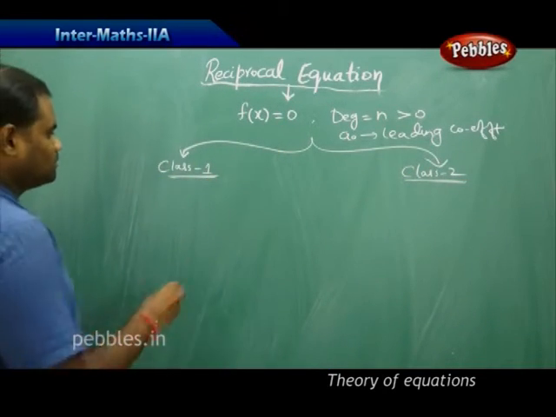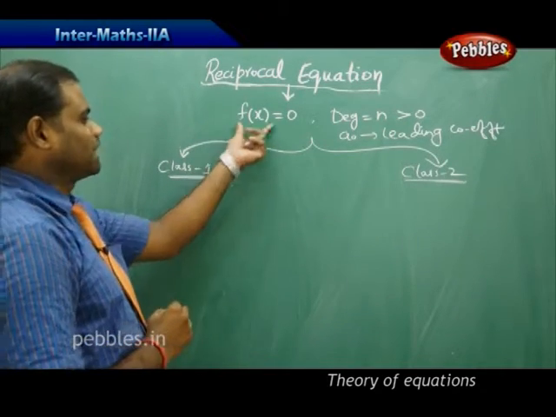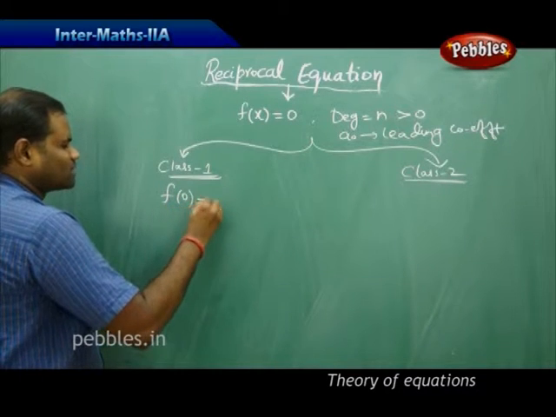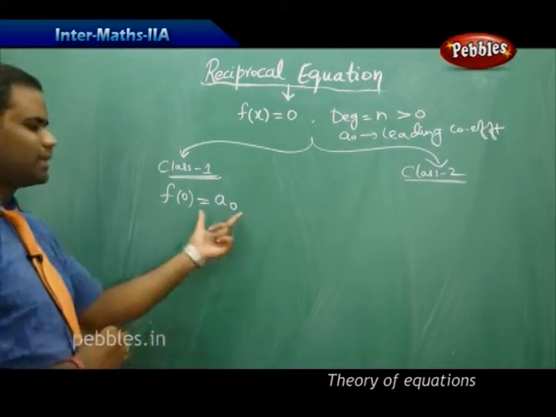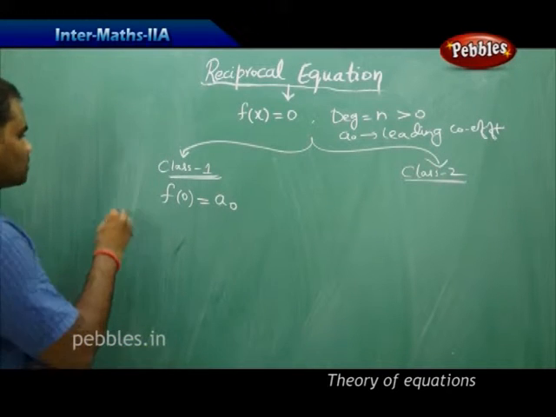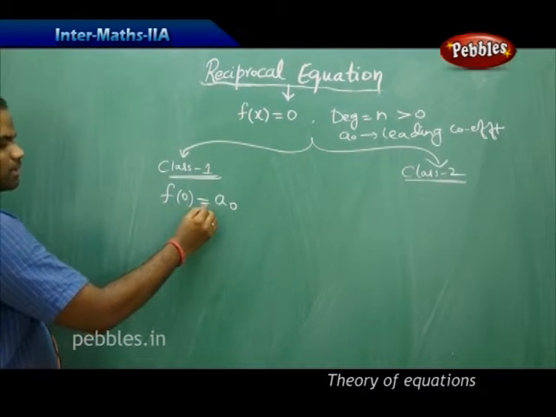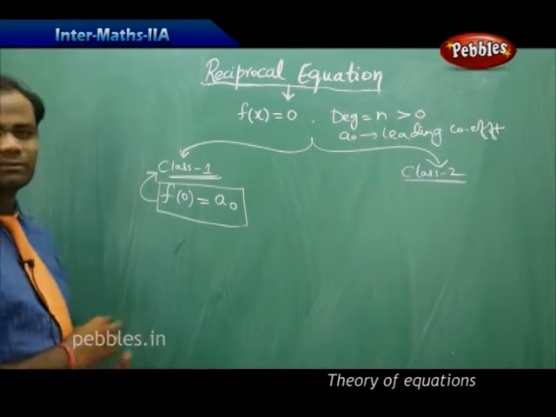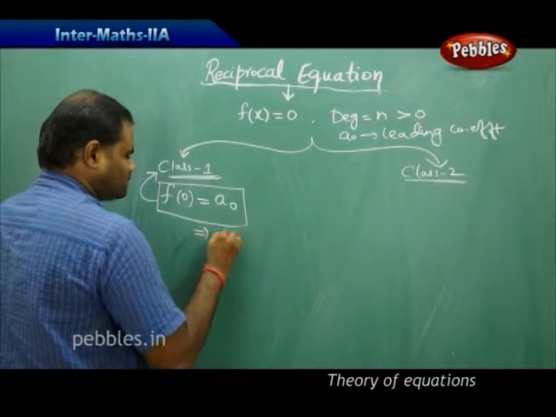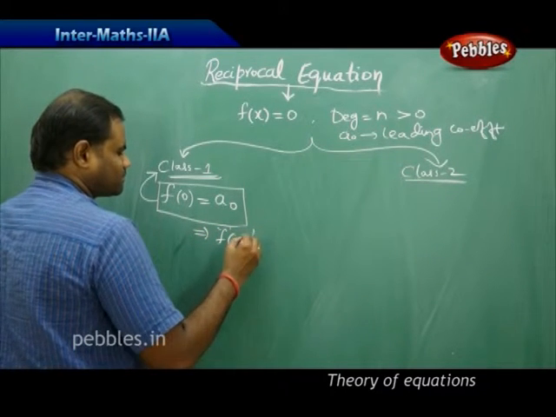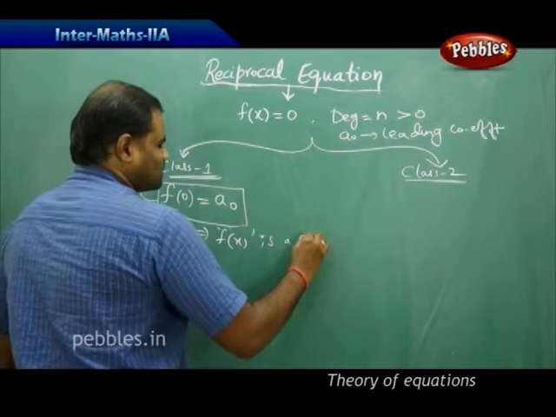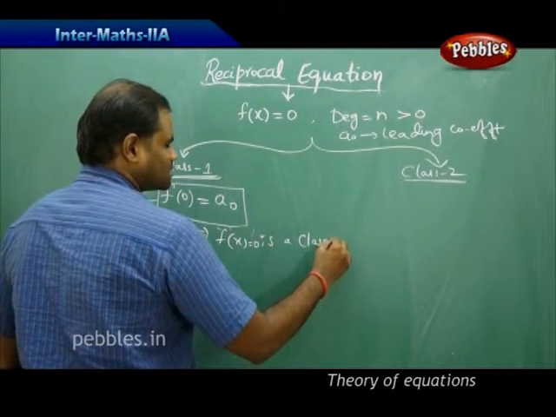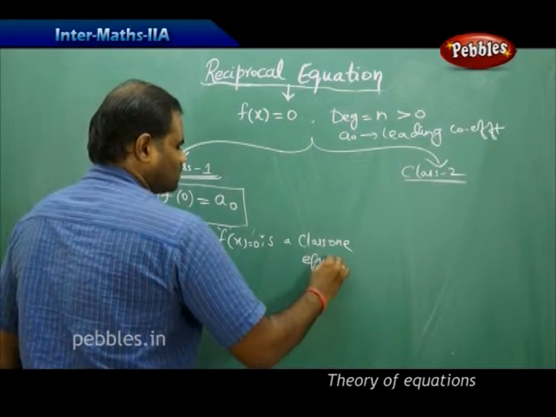Now in this case, we say that the function f of x is class 1 type if f of 0 is exactly the leading coefficient a0. That is, when I substitute x equal to 0, then f of 0 must be equal to a0. In this case, we call this class 1. That implies f of x equal to 0 is a class 1 equation.